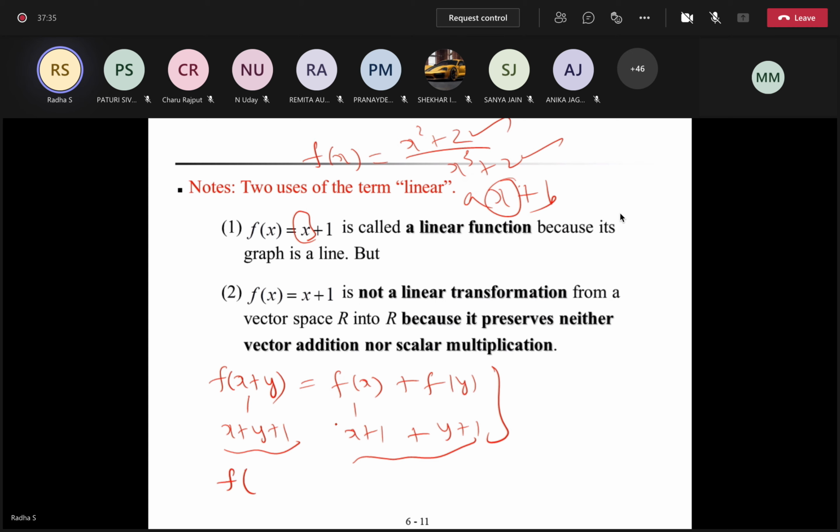Scalar multiplication means, see, f of k times x, what should it be? According to the definition, it should be kx plus 1. k into f of x. What is that? k into f of x is k into (x plus 1). So it is kx plus k. kx plus k and kx plus 1 are not one and the same, right?